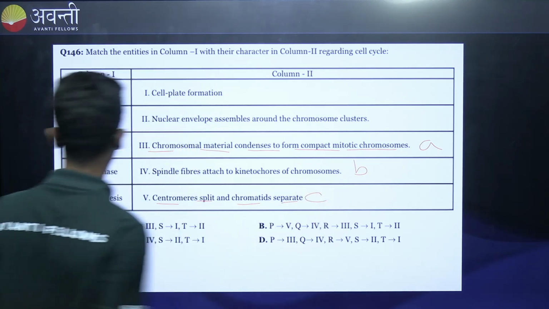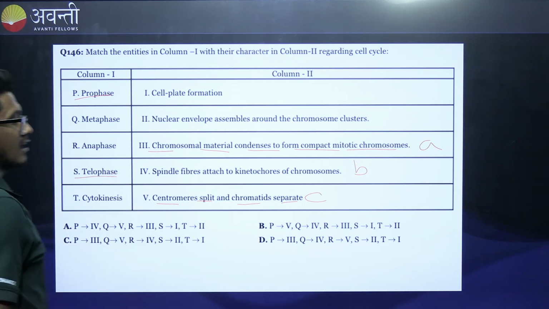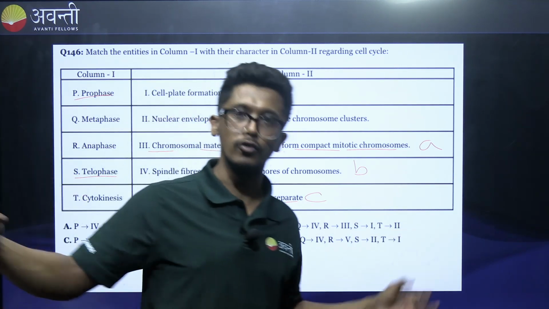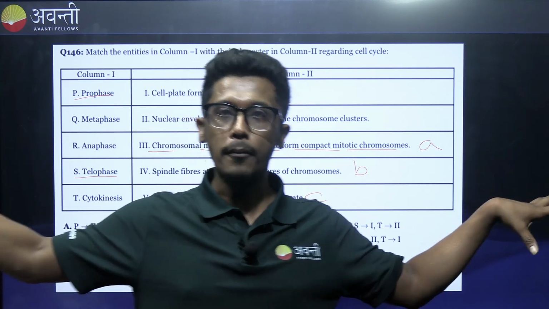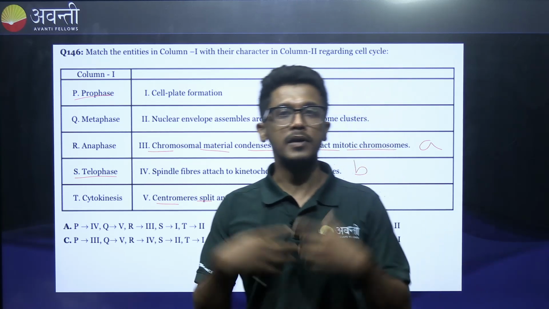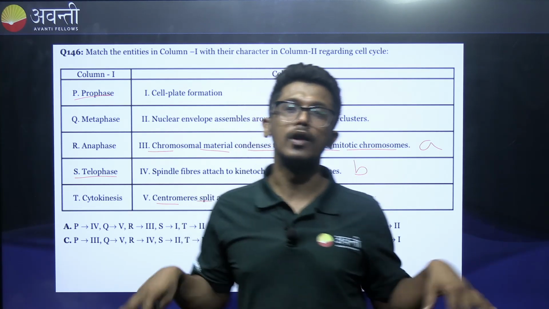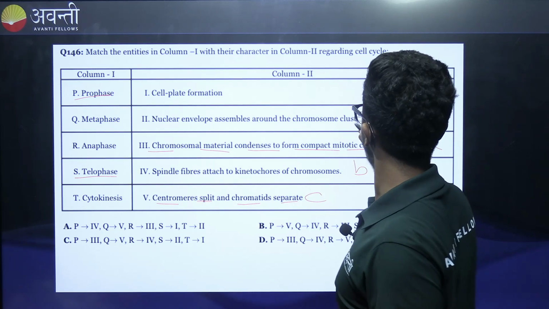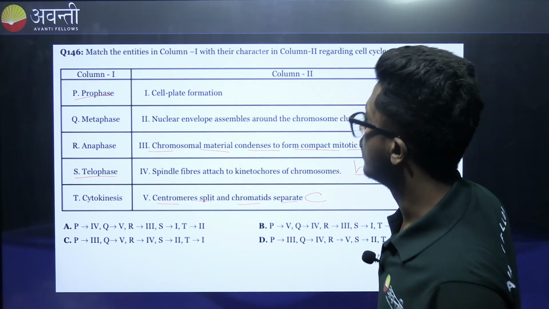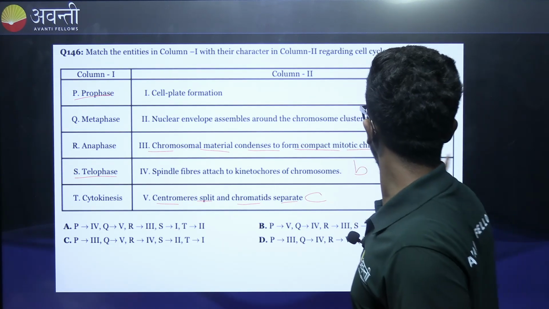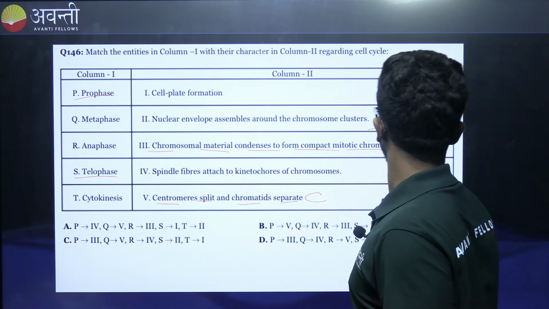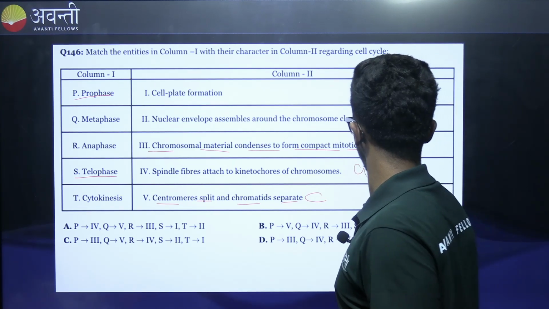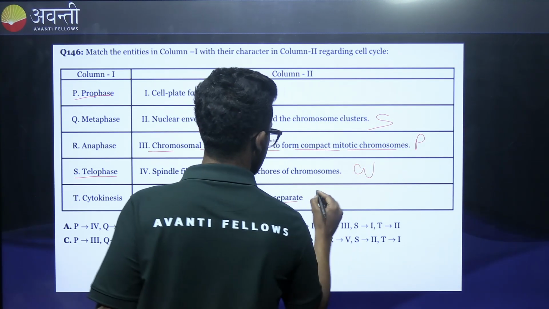So I'll write it as C. Telophase is the last phase, where all the chromosomal material has migrated to the opposite poles, the spindle fibers disappear, and eventually the nuclear envelope starts reappearing. Sorry, I should have written PQRST. So this is P, this is Q, and this is R.